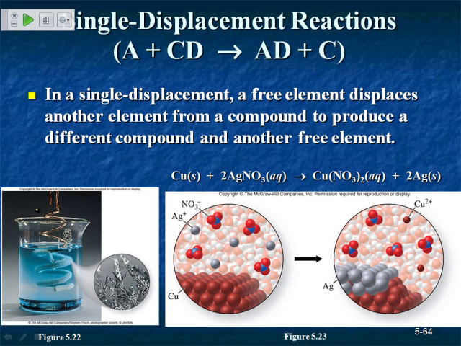You will perform this reaction in lab when you do the single displacement reaction lab. This picture shows a much larger volume than you will use. You are going to do it in a small test tube, okay? The beaker first has silver nitrate, which is a clear solution, and you put in a copper wire. The copper will displace silver.